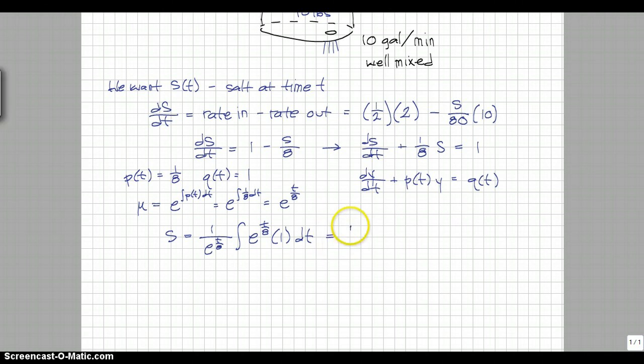We have 1 over e to the t over 8 multiplied by the integral of e to the t over 8, which is 8 e to the t over 8 by a simple u substitution, and we have to add the constant of integration.